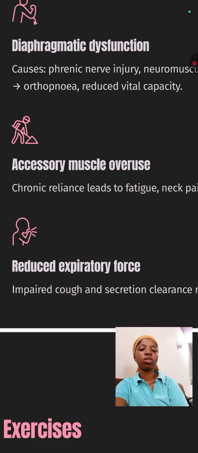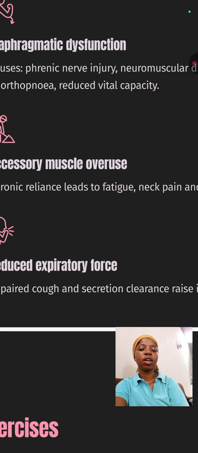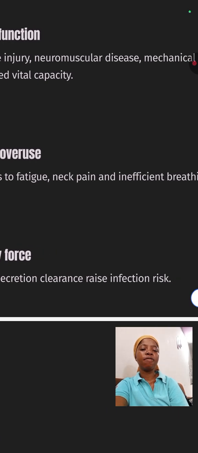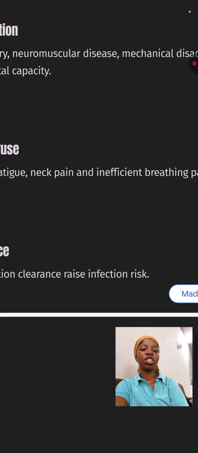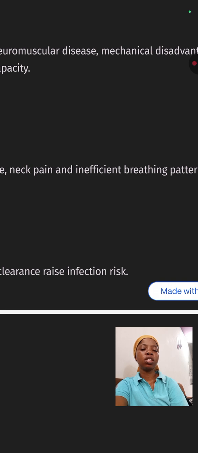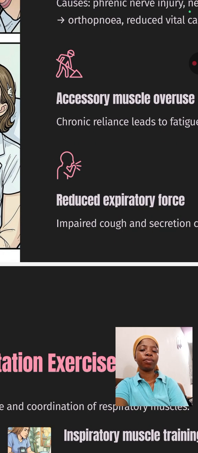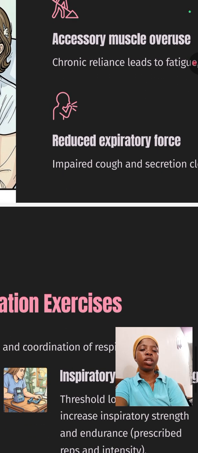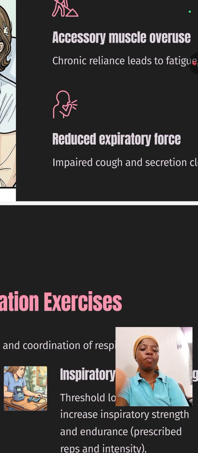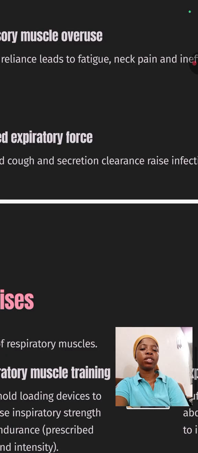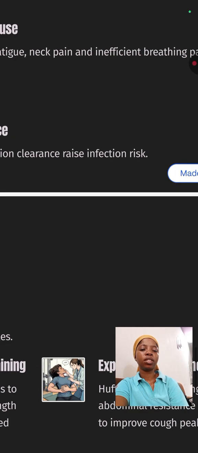Accessory muscle overuse and chronic weakness link to fatigue, neck pain, and an inefficient breathing pattern. Reduced expiratory force impacts cough and secretion clearance and raises infection rates.